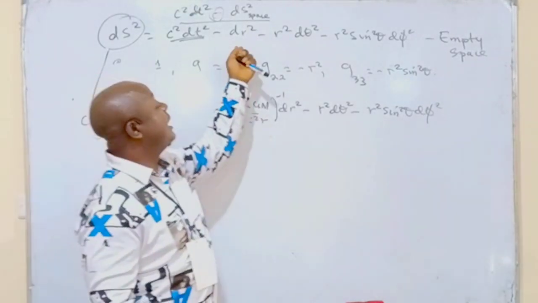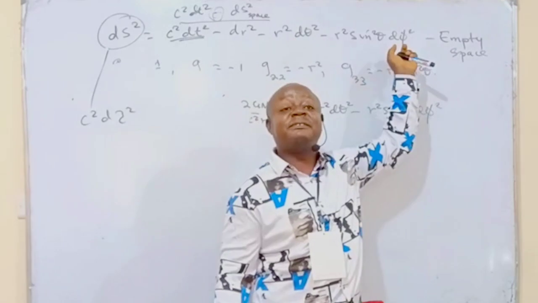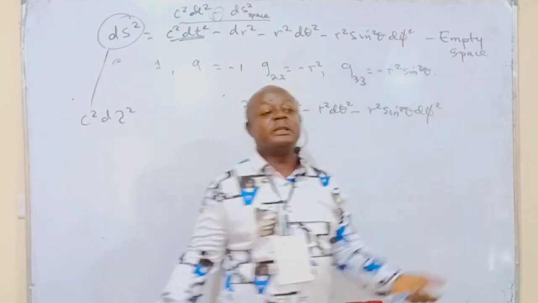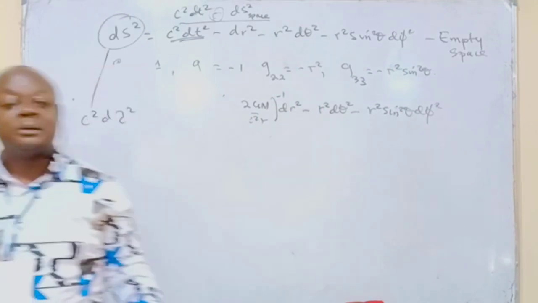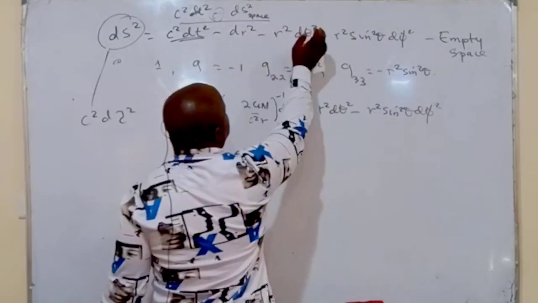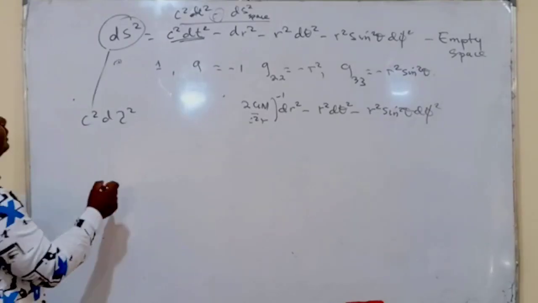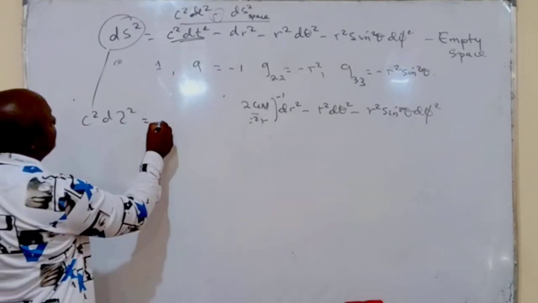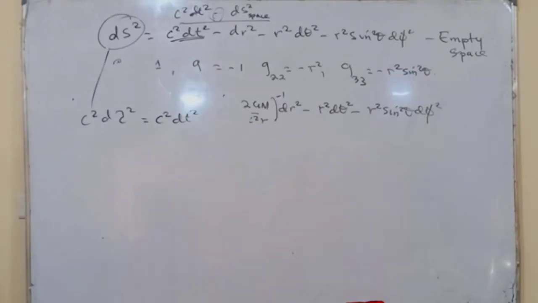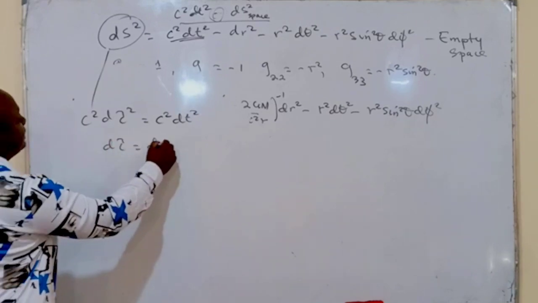So my dr will be 0, my d theta will be 0, my d phi will be 0. Then my line element will reduce to c squared d tau squared equal to c squared dt squared. From there, my d tau will be the same as dt.